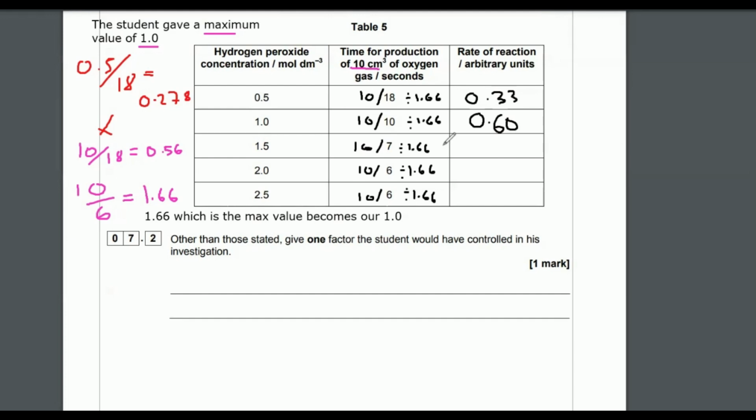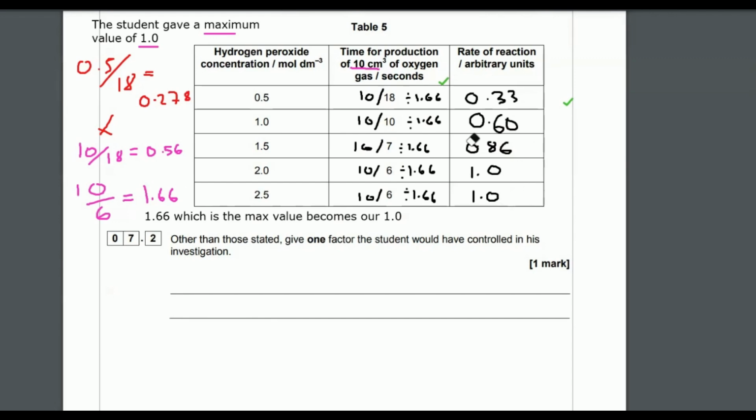So these are the values you get when you do 10 centimeters cubed of oxygen over the time taken to find centimeters cubed per second, and then you make them all relative to a rate where 1.66 is actually 1.0 AU for rate of reaction, and that's going to get you the second mark.